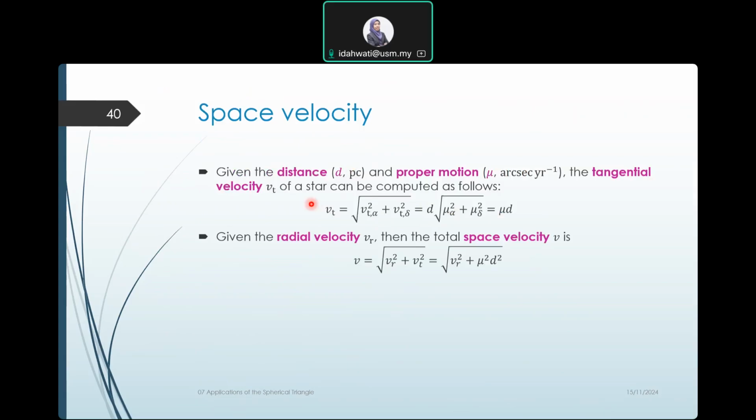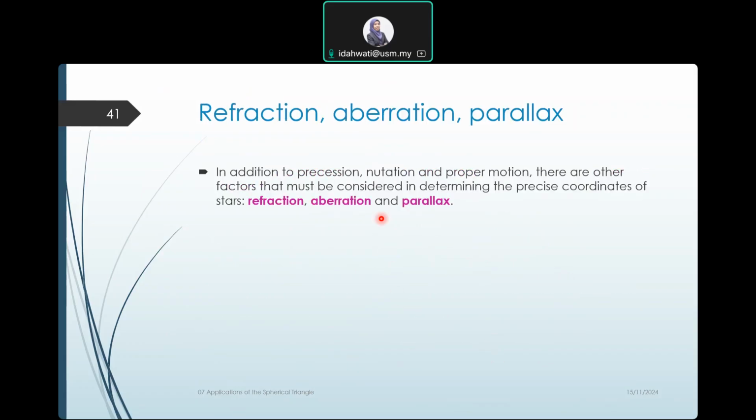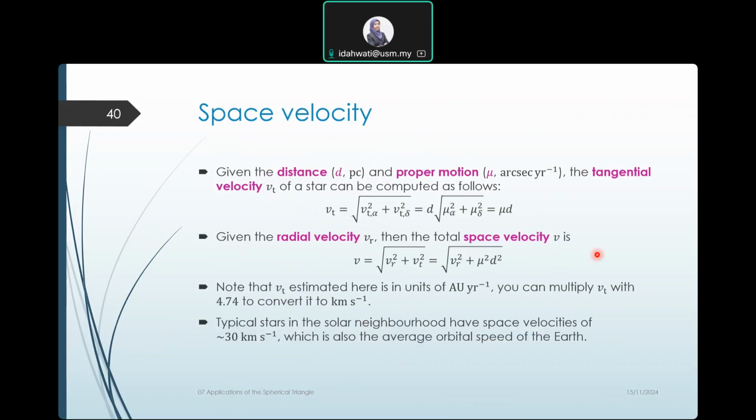Given the distance d and proper motion mu, the tangential velocity vt of a star can be computed as vt equals mu d. Given the radial velocity VR, the total space velocity is v. So this is the information for the space velocity formula.